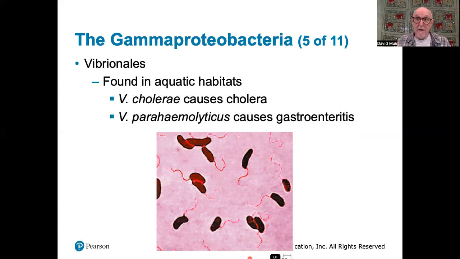And when it is ingested by a human being, it causes a virulent gastroenteritis and a violent diarrhea. In fact, it releases exotoxins, which cause the cells of the intestine to flood out fluid.